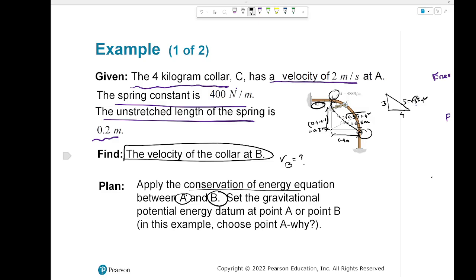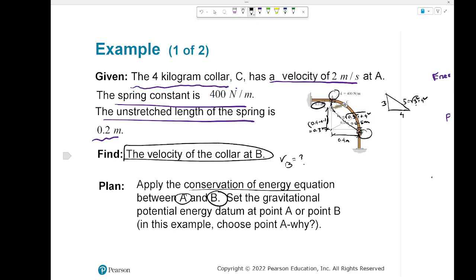What are the components here then? Two components. One is the spring: the spring energy, one half k x squared. The other one: does the collar have any movement at point A? It does. So it should be one half m v squared because of the movement. v is the velocity. Anyone understand?